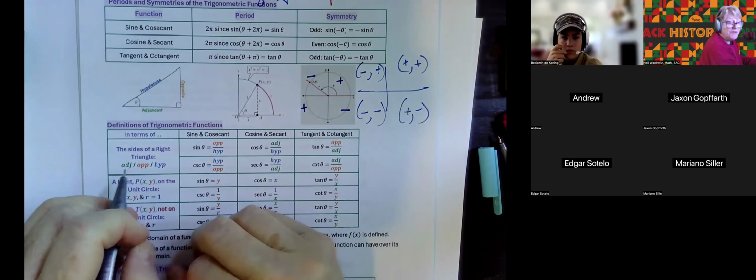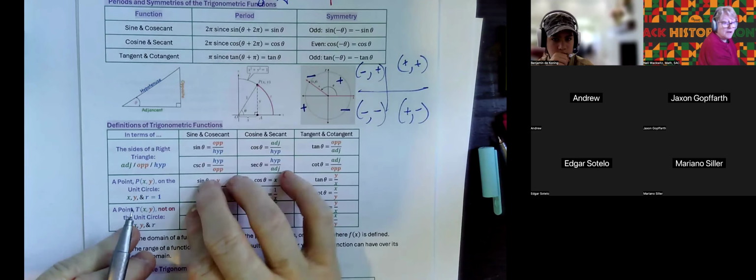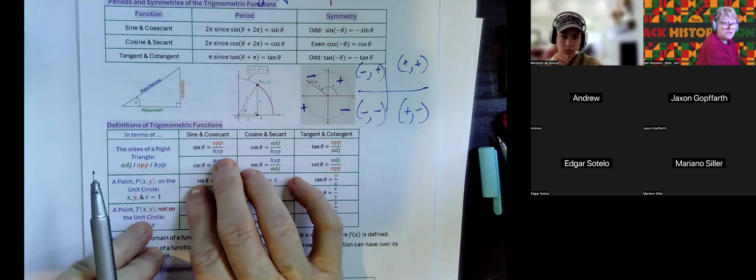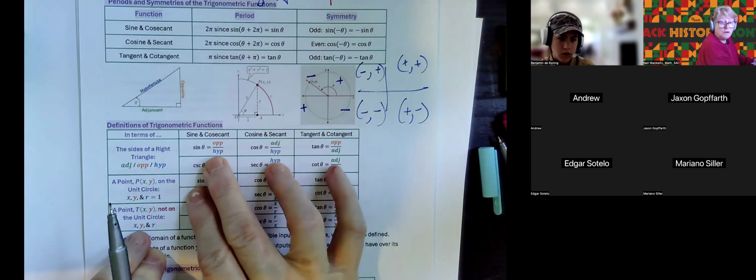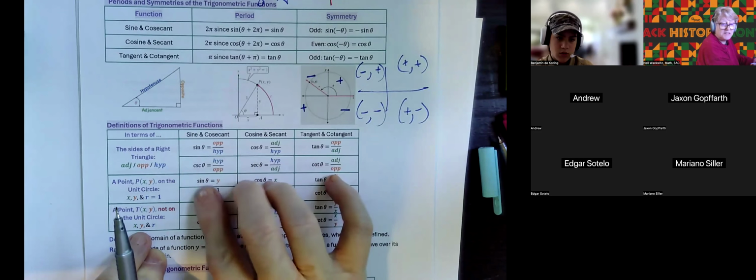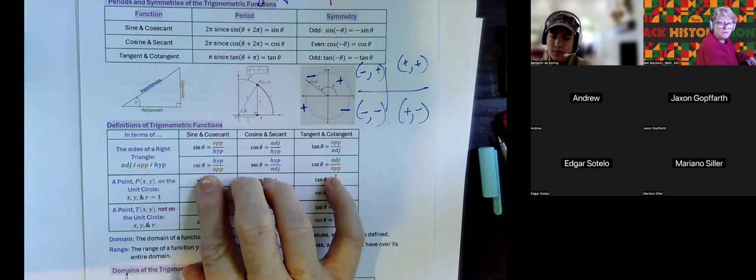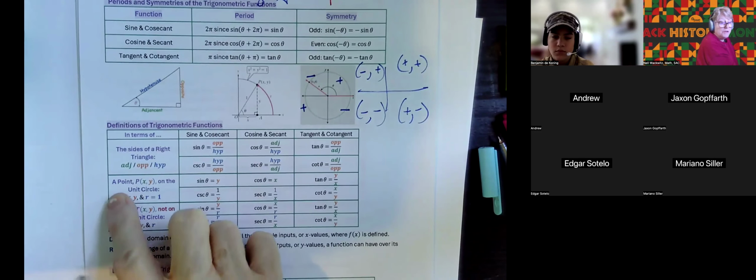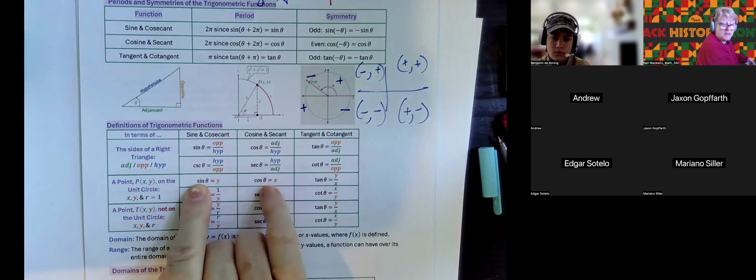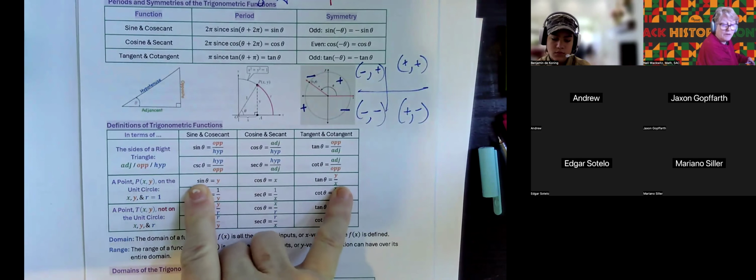Using right triangle definitions, which we've been talking about a lot, but here they are all in one place. Sine is opposite over hypotenuse. Cosine is adjacent over hypotenuse. Tangent is opposite over adjacent. And then we have our 3 reciprocals. Using a point on the unit circle, sine is y, cosine is x, tangent is y over x.